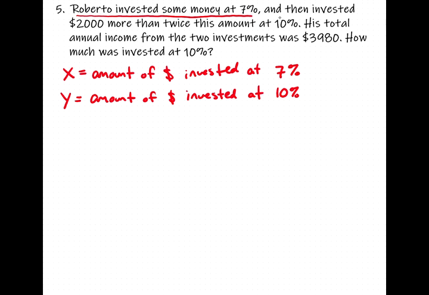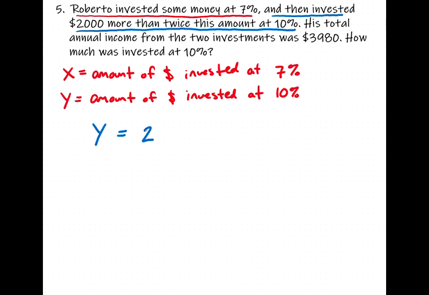So first, he then invested $2,000 more than twice this amount at 10%. Well, this amount is talking about the amount invested at 7%. So X dollars was invested at 7%, and then the amount invested at 10%, which is Y, is $2,000 more than twice that amount.